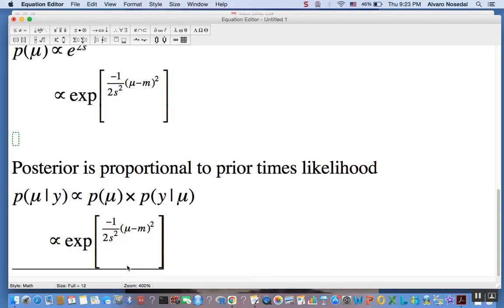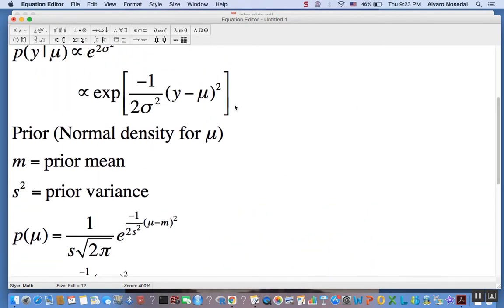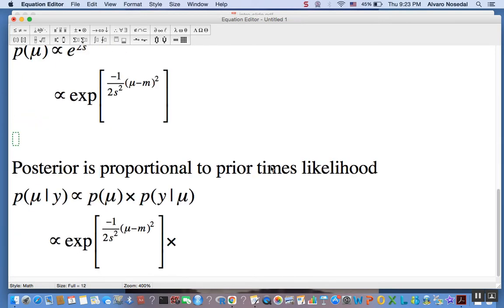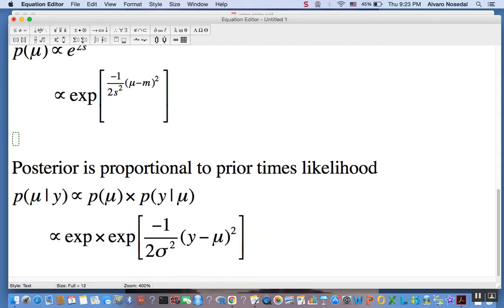I don't like how that looks. I don't know why it doesn't look like the other one. Okay, let's leave it like that. It's not such a big deal. Times the likelihood. Okay, let me see if I can make it look bigger, like this one.